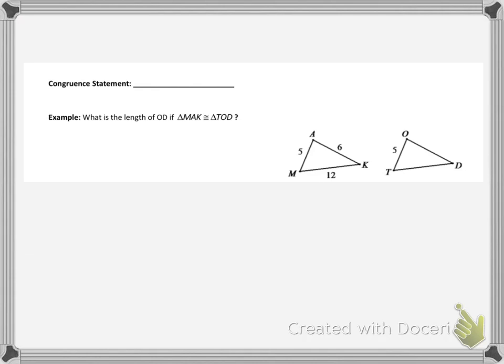All right, so looking at this, if we say MAK is congruent to TOD, that means M is congruent to T, A is congruent to O, and K is congruent to D. So in that case, we can see the line segment MA has to be congruent to the line segment TO because they're positioned between congruent angles.